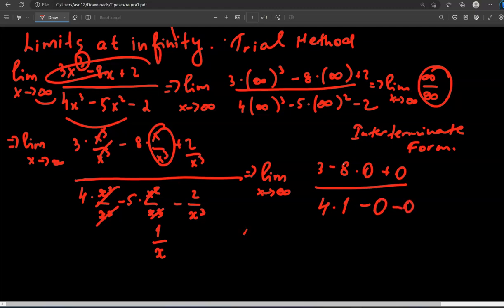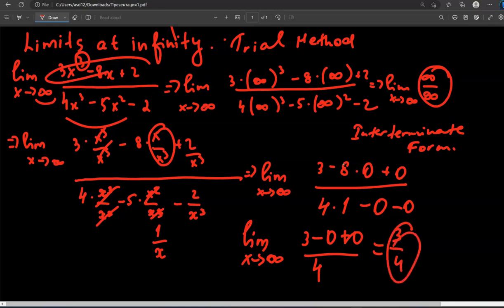So we have the limit as x approaches infinity of (3 minus 0 plus 0) divided by 4, which is 3 over 4. So the limit of this function as x approaches infinity is equal to 3 over 4.